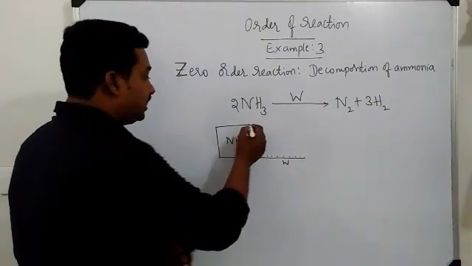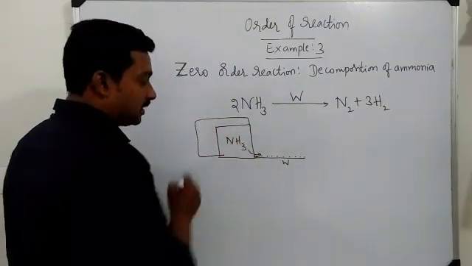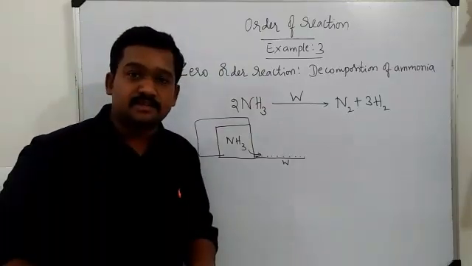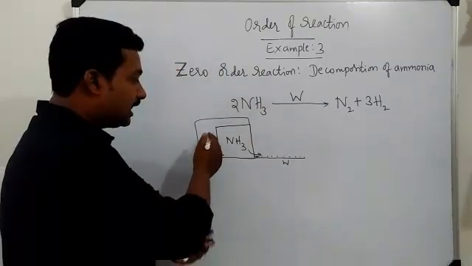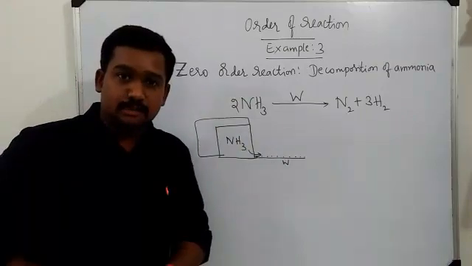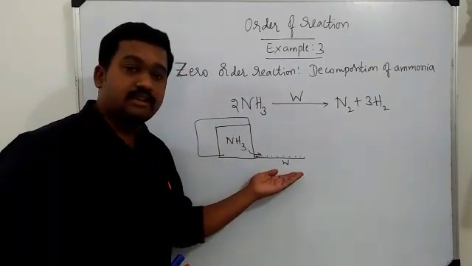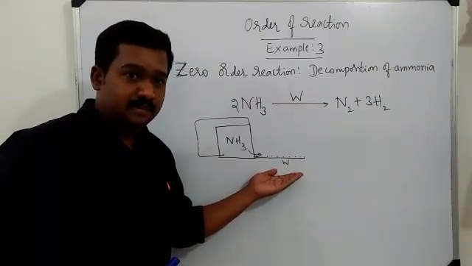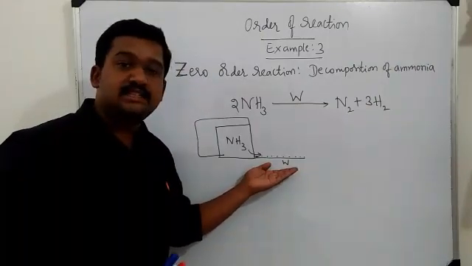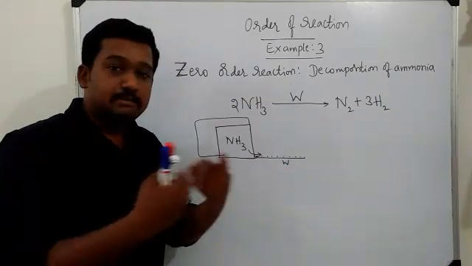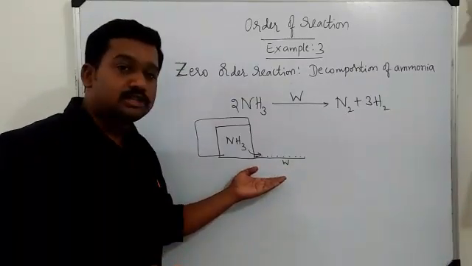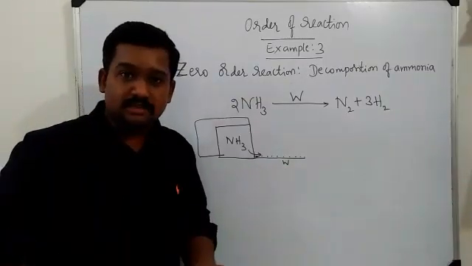Further, if we increase the amount of ammonia, it doesn't make any difference. The amount of ammonia has no influence on the reaction because the reaction speed depends upon the surface area of tungsten. So, on increasing tungsten's surface area, the reaction rate can be increased. If it is maintained constant, the rate will not be altered.